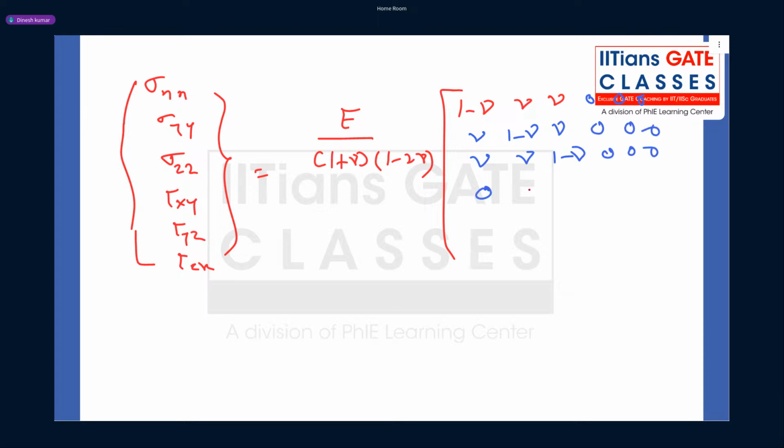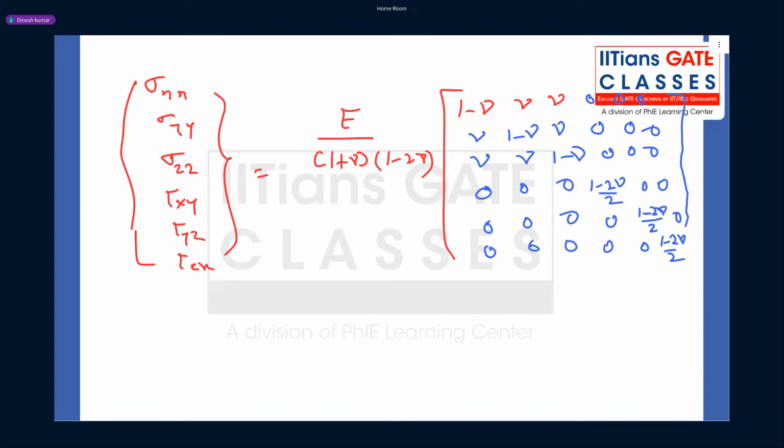Okay, then it will be 0 0 0 0 0 0 0 0 0, and it will be 1 minus 2 nu by 2, 1 minus 2 nu by 2. Okay, so it is 1 minus 2 nu by 2, 0 0 0, 1 minus 2 nu by 2, then 0 0 0, 1 minus 2 nu by 2.